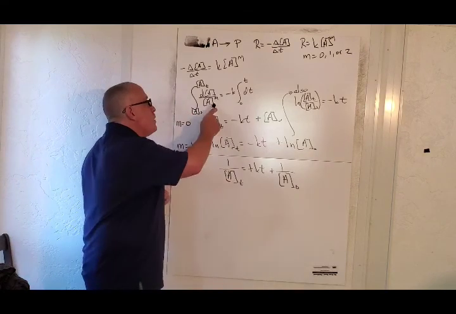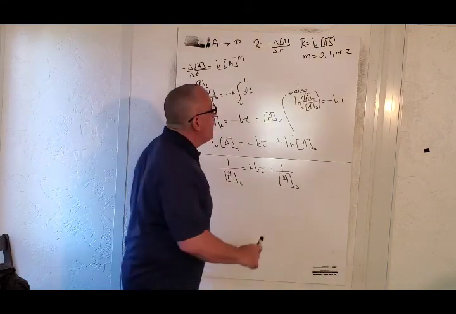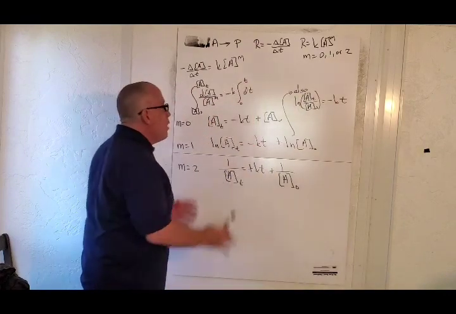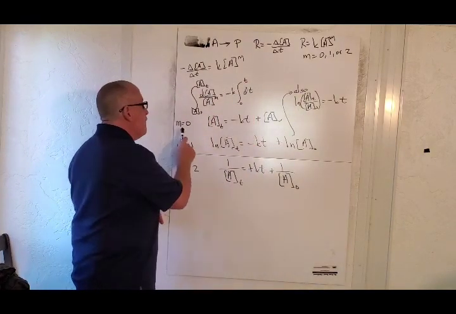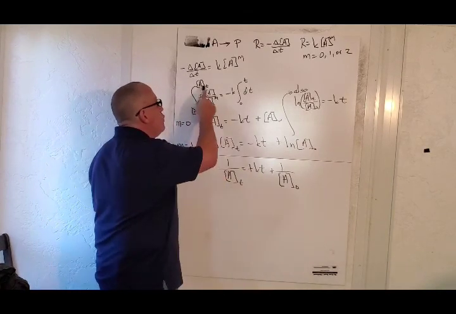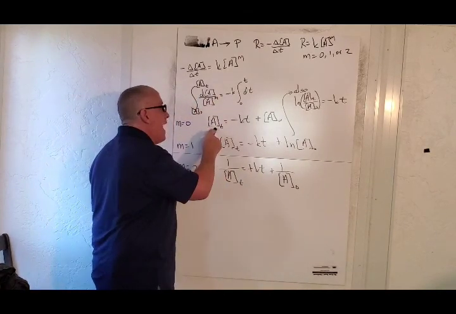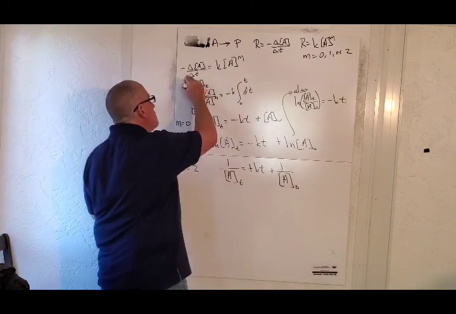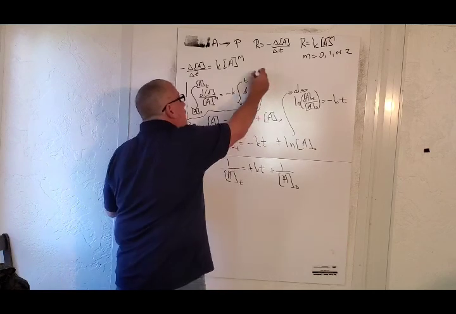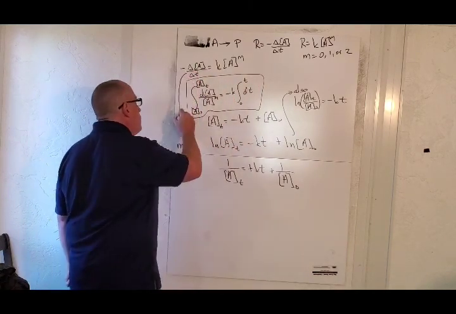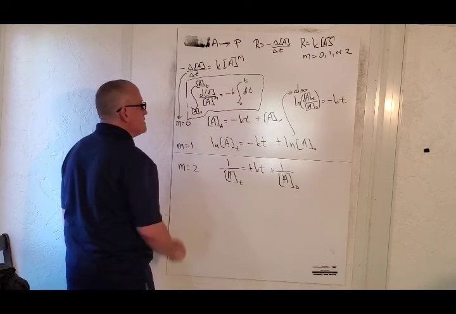It matters what the value of M is, because remember, M could be 0, 1, or 2. Without going through the math, if M is 0, then if I do this calculus, out comes this. Those of you that have not had calculus can skip that piece, and go from here down to these 3 equations.